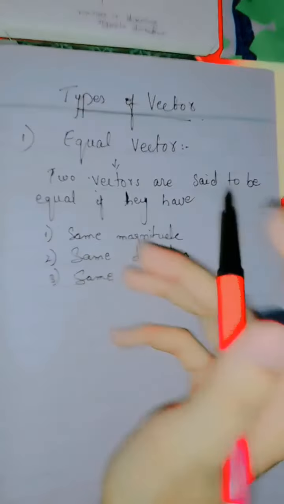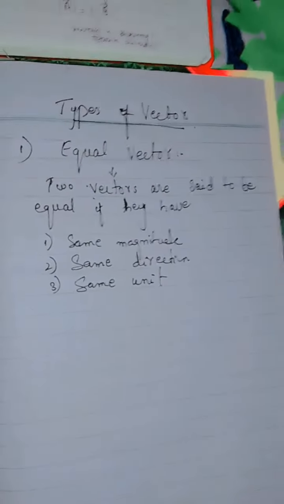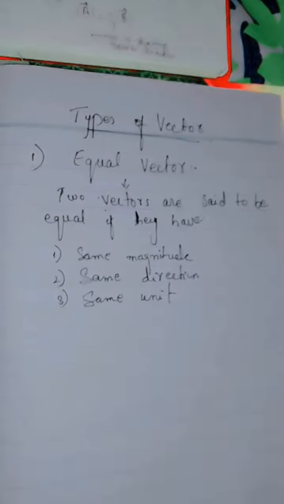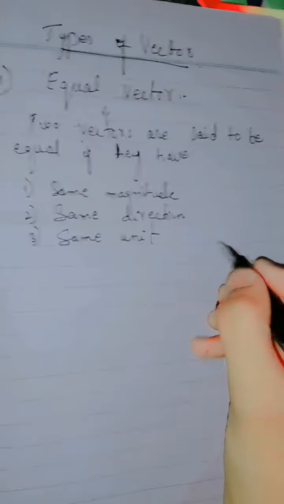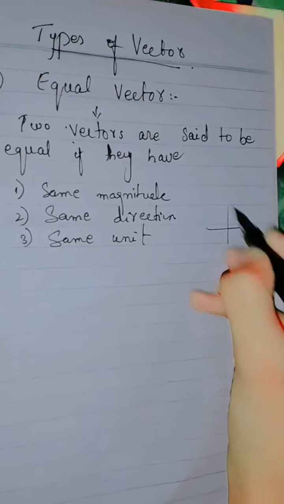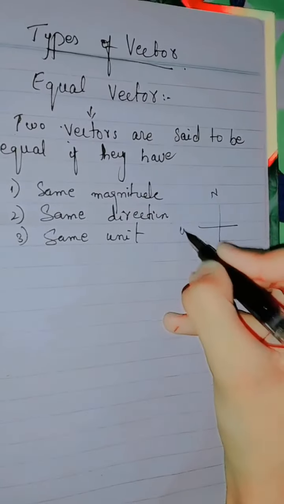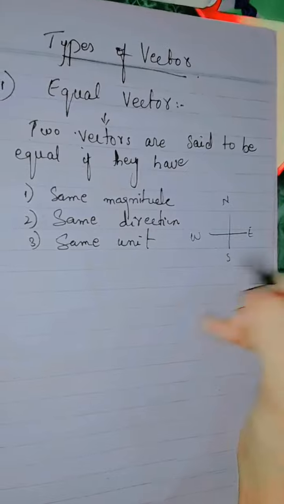Two vectors are said to be equal if they have same direction, same magnitude and same unit. For example, this is the direction I am making here: north, west, east, south.